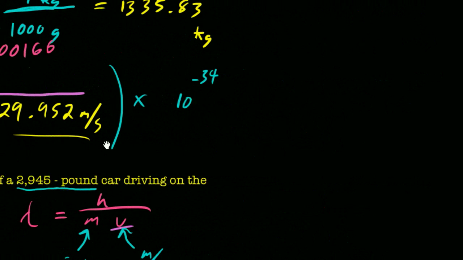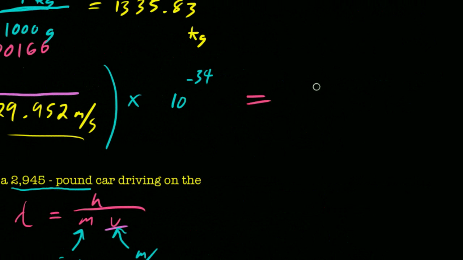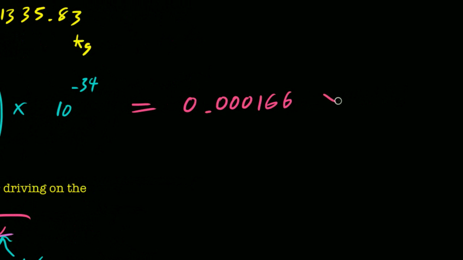So what this evaluated to was 0.000166 times 10 to the minus 34. And so now we want to figure out what we should write this as.